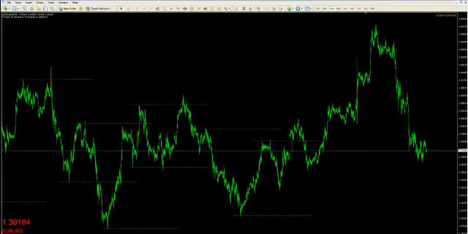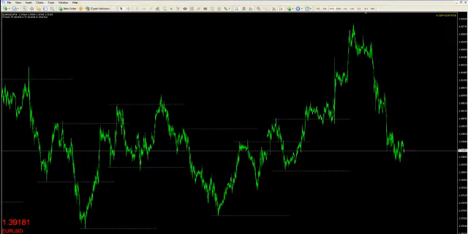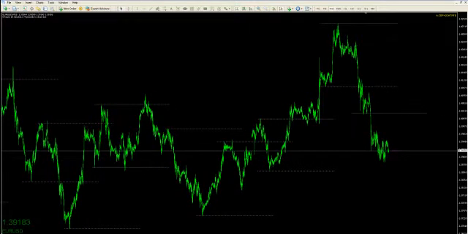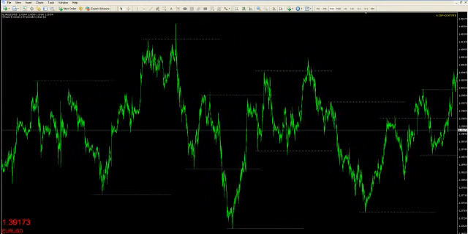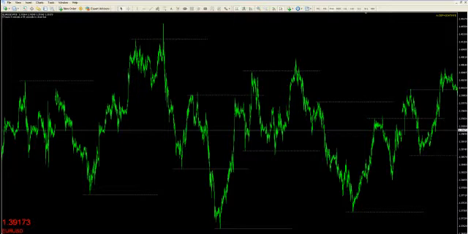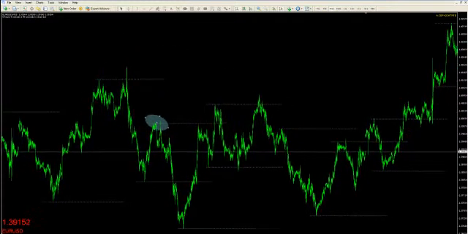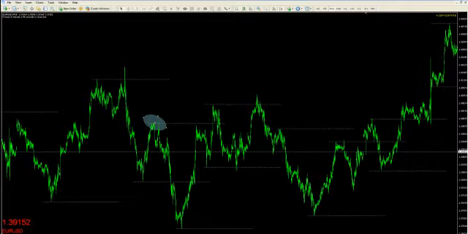So not only does it help me to see where highs and lows are, but it also helps me look at areas where there's potential for trades. If you look just at these support resistance areas, you can notice many times where, for example, right here, price stopped and turned.